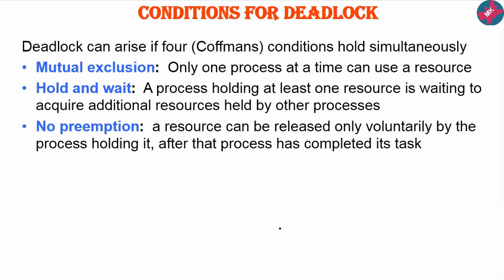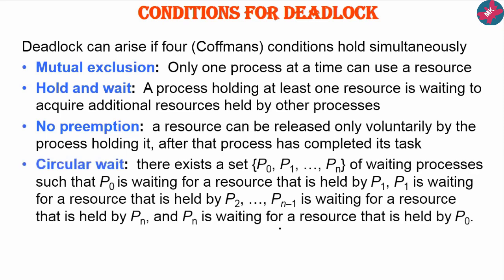Like in our example, P1 was holding the resource R1. So unless and until P1 completes its execution, it will not release the resource R1 for another process P2. So unless it releases it by its own choice, the resources are not released.